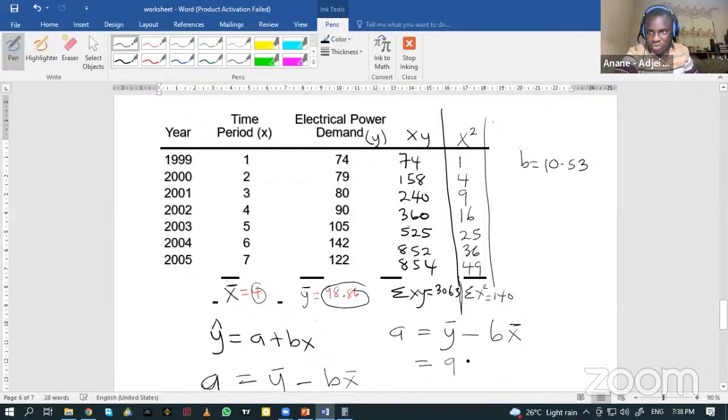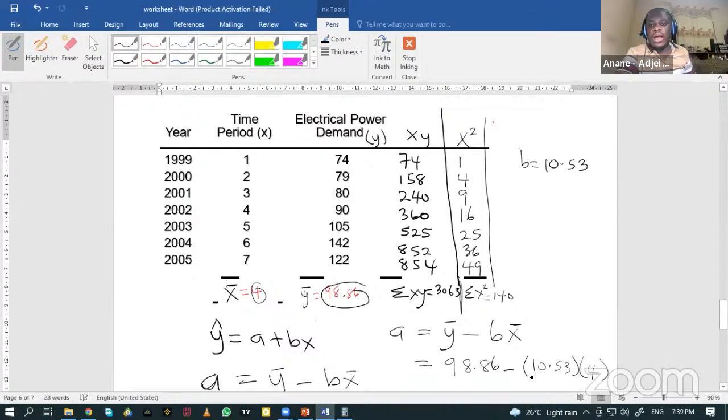So 98.86 minus B. We know our B to be 10.53, and X bar, we know our X bar to be 4.